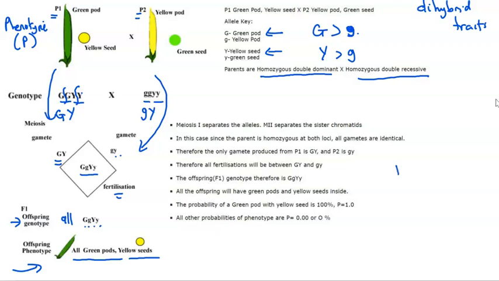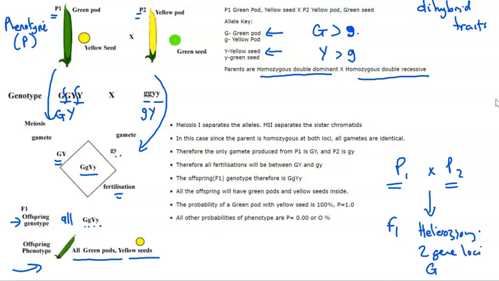So we had P1 times P2, homozygous double dominant, homozygous double recessive, and we end up with the F1 generation, in which they are all heterozygous at two gene loci, making them big G, little g, big Y, little y. So that's our heterozygous F1 population.